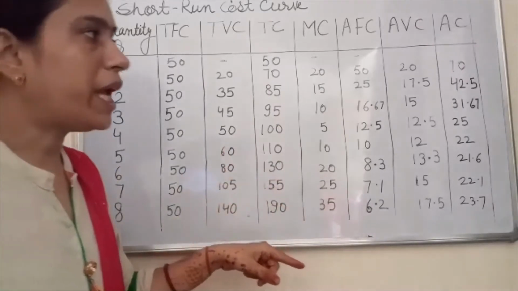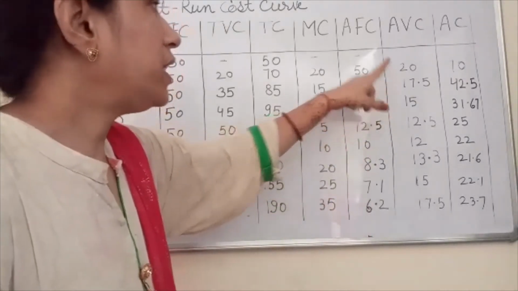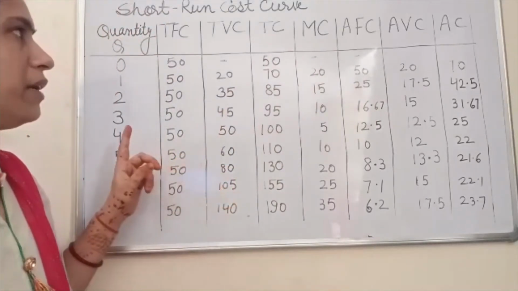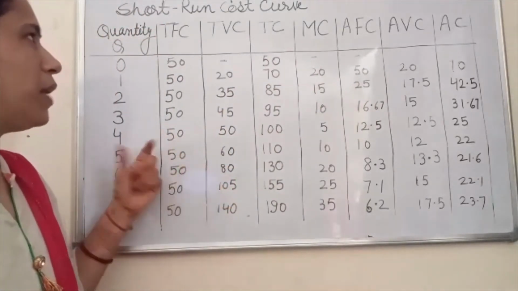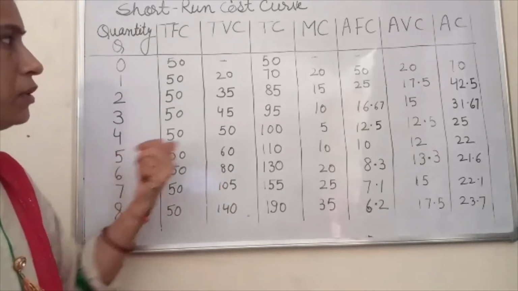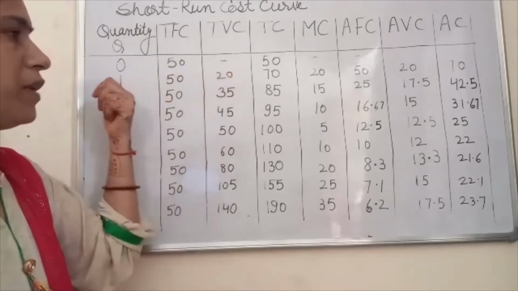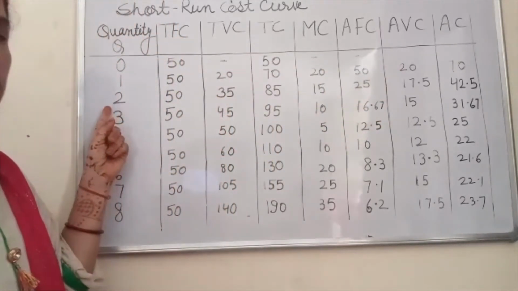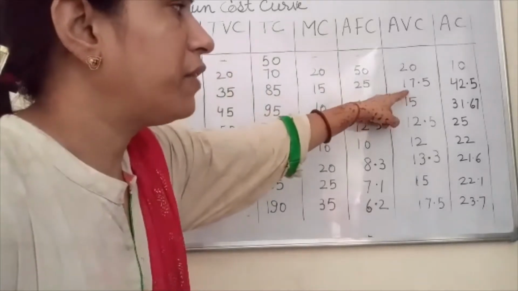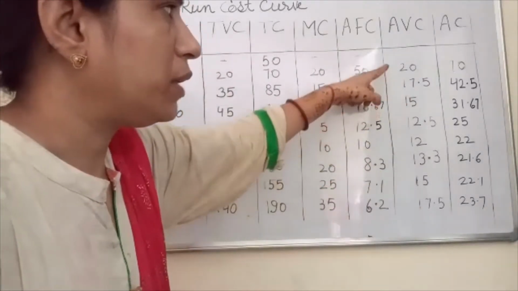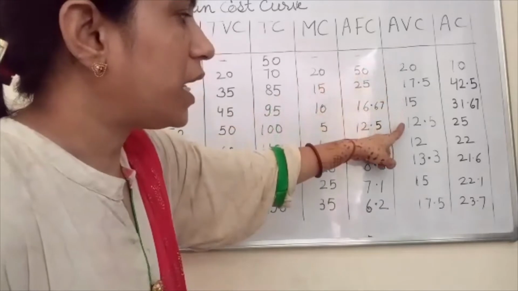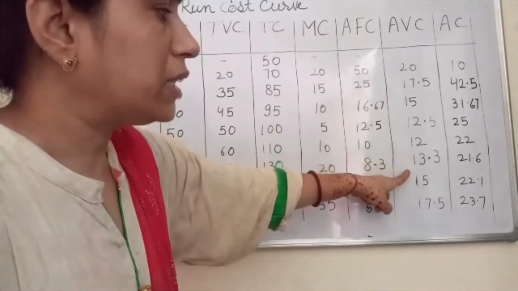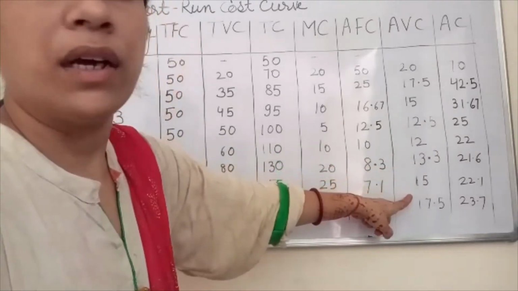Now we move to AVC. AVC depends on TVC. We will get AVC when we divide TVC by output. So when we divide 20 by 1, we will get 20. When we divide 35 by 2, we will get 17.5. In this manner, as you are able to see, AVC first decreases and after getting its minimum point, it starts increasing again.